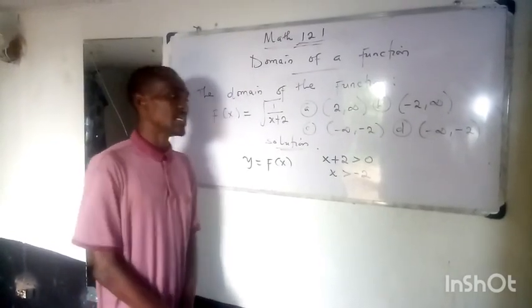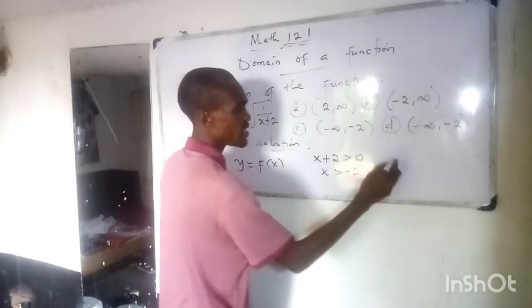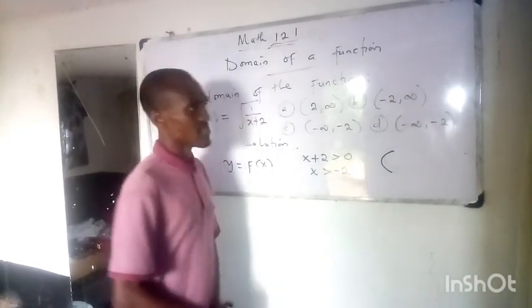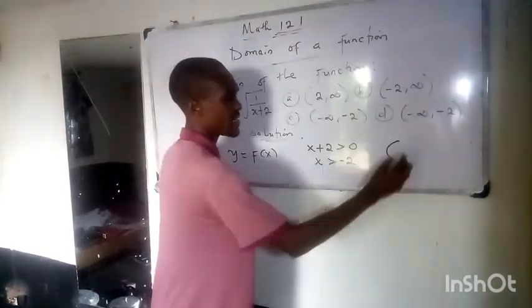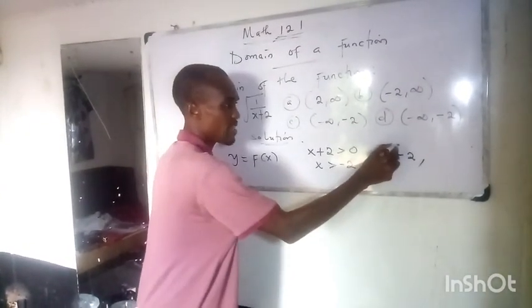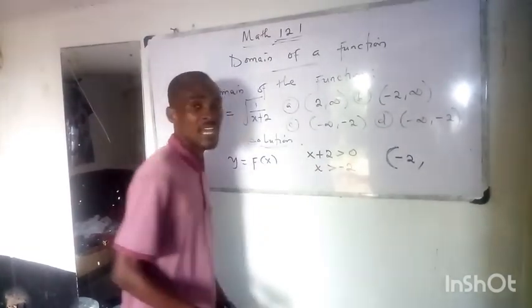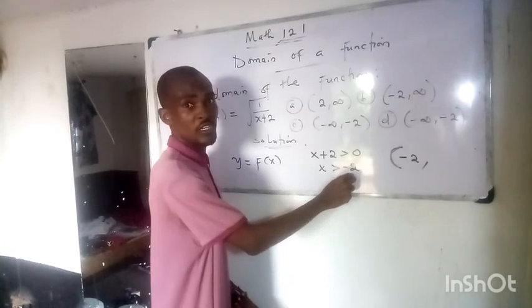So I will now say, using our set notation, I can now write minus 2. Now this particular notation simply means that I am considering numbers that are greater than minus 2.